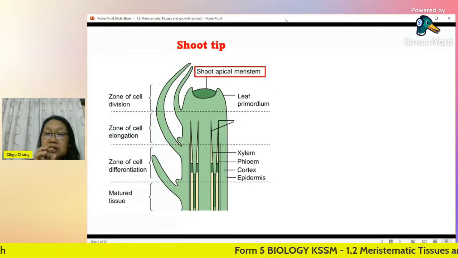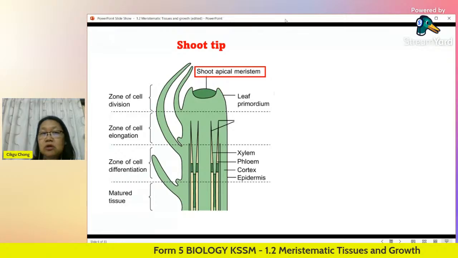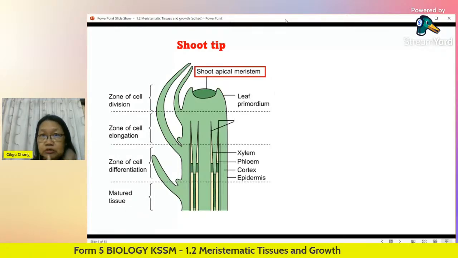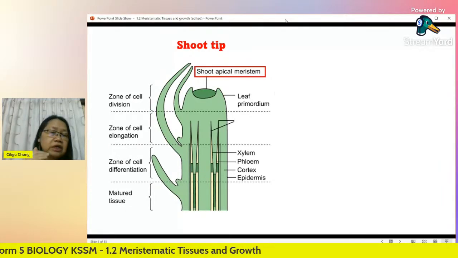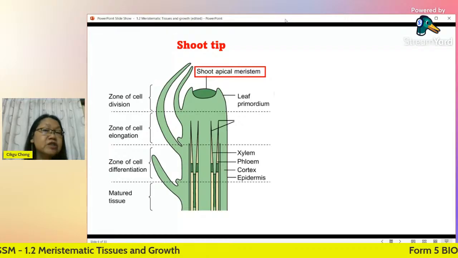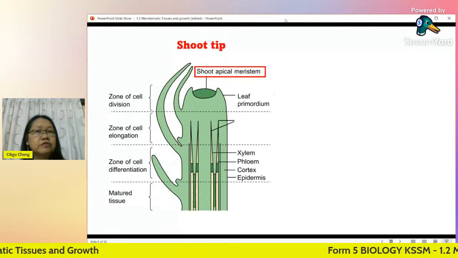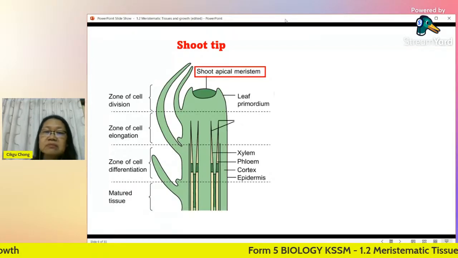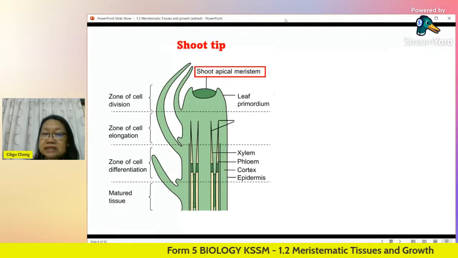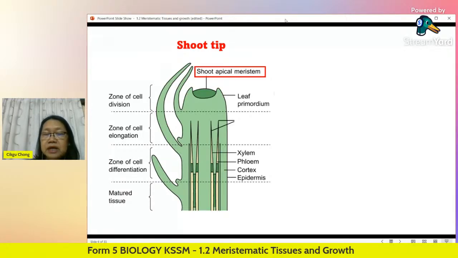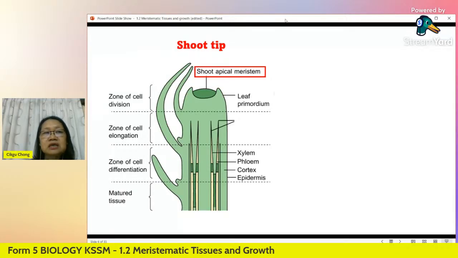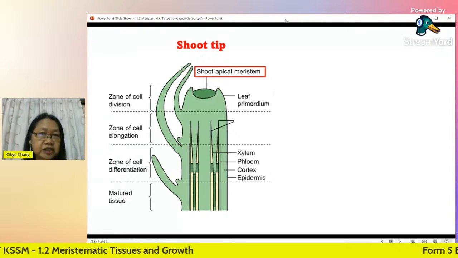So it started as normal meristematic tissues that produce the new cells. Later on, they become differentiated to perform different jobs. So you have xylem, phloem, and cortex. When you see that labeled here, that means this is definitely the zone of cell differentiation.